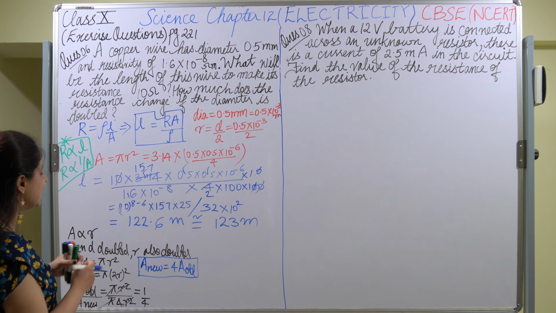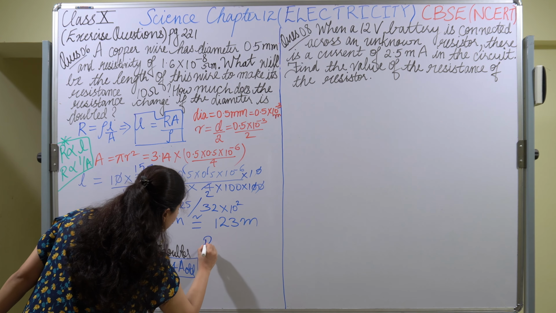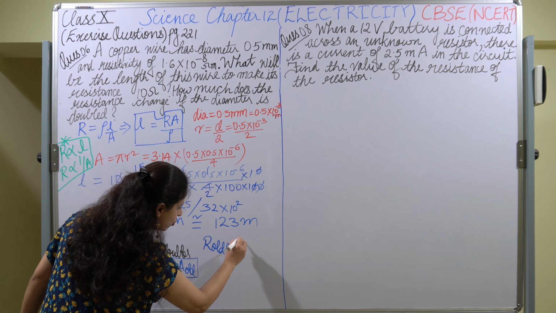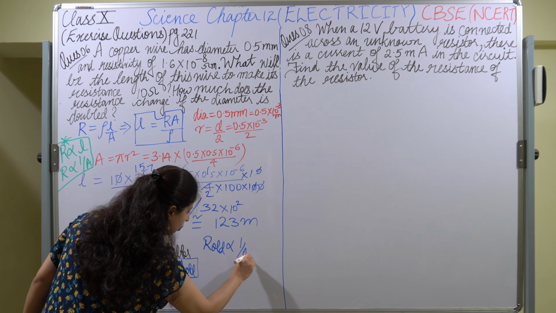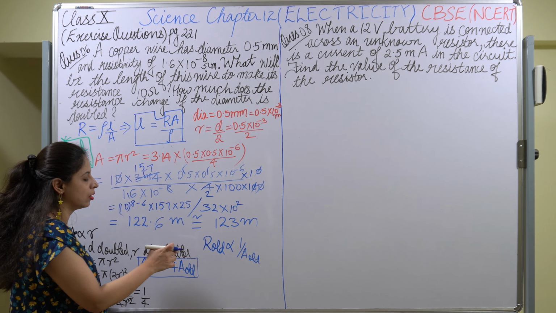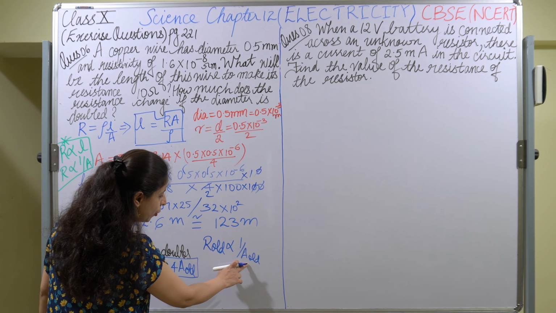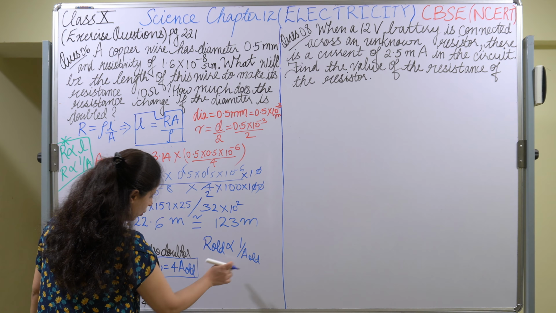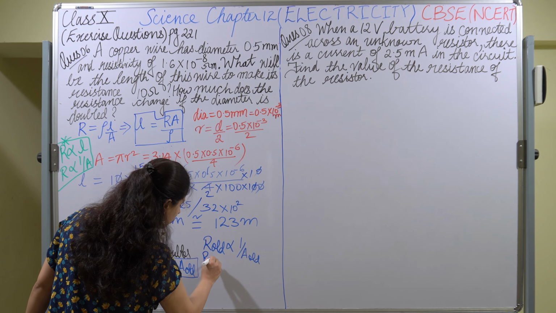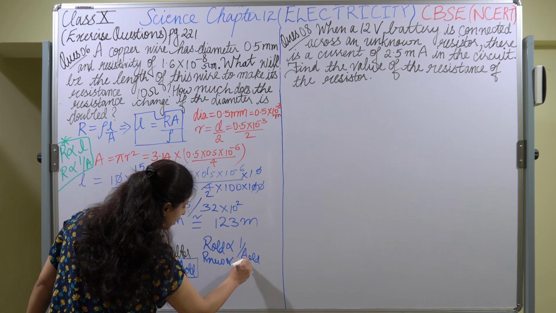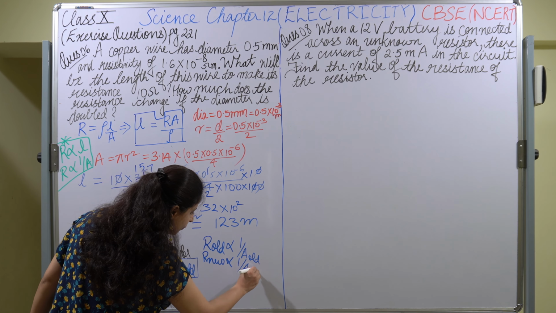So we can easily say that R old is inversely proportional to A old, and R new is also inversely proportional to A new.